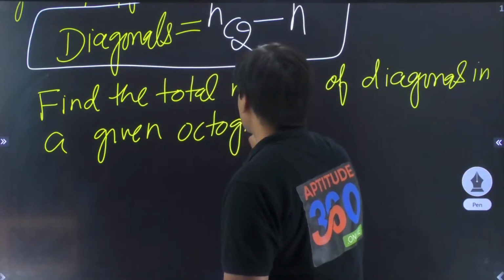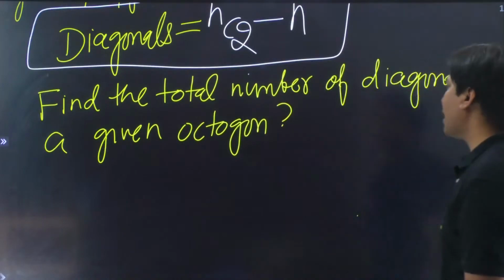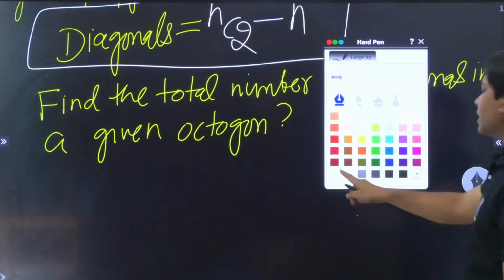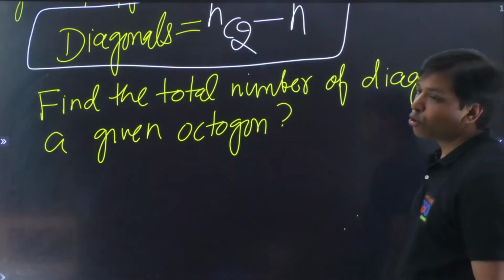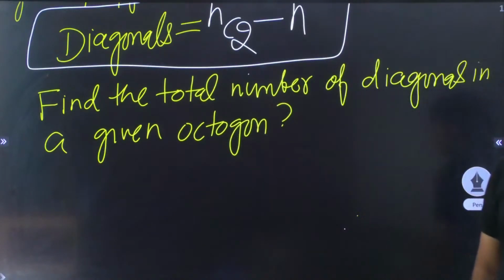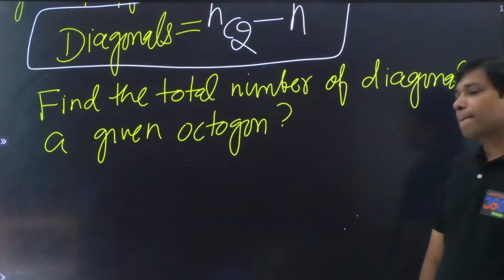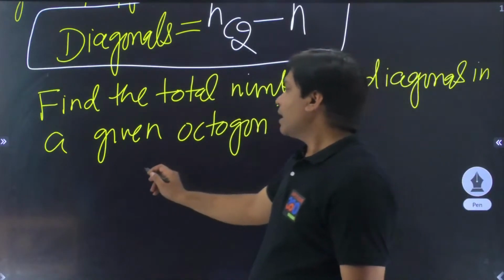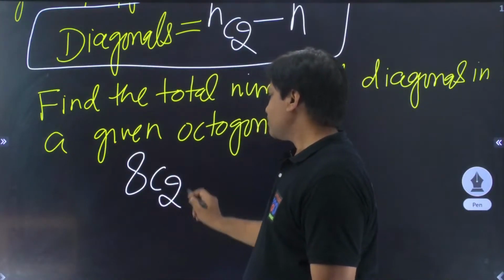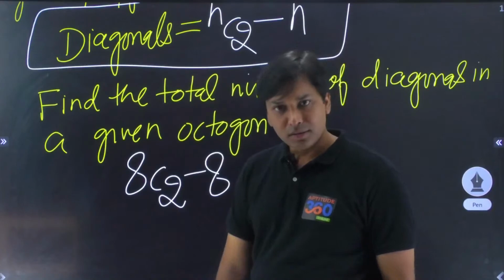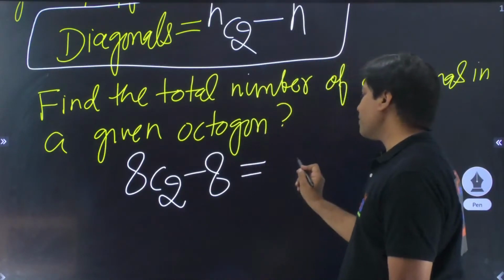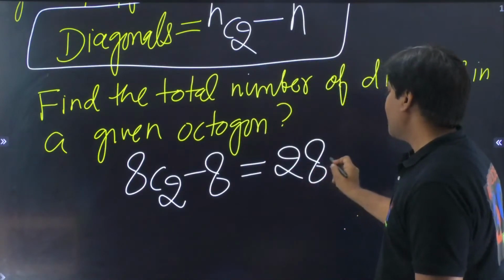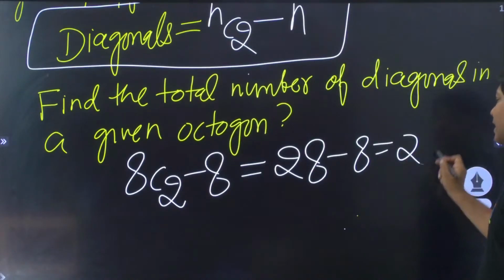If it is an octagon, how many diagonals are you going to have? Tell me. What do you think is the answer, people? The total number of diagonals, 8c2 minus 8. If it is an octagon, isn't it? 8c2, if you simplify, this is coming out as 28. Minus 8. What is the number of diagonals? It is 20.